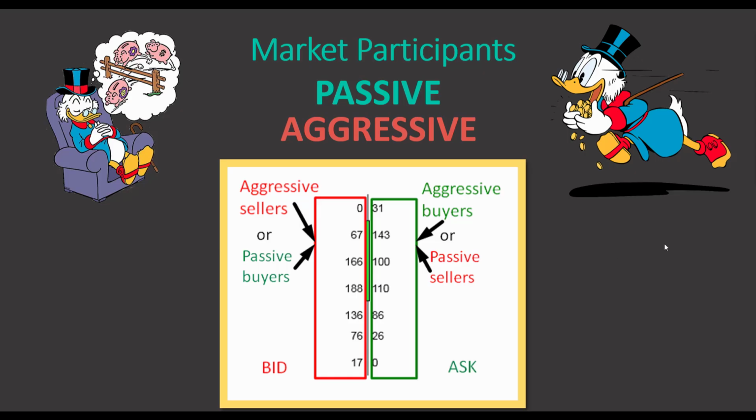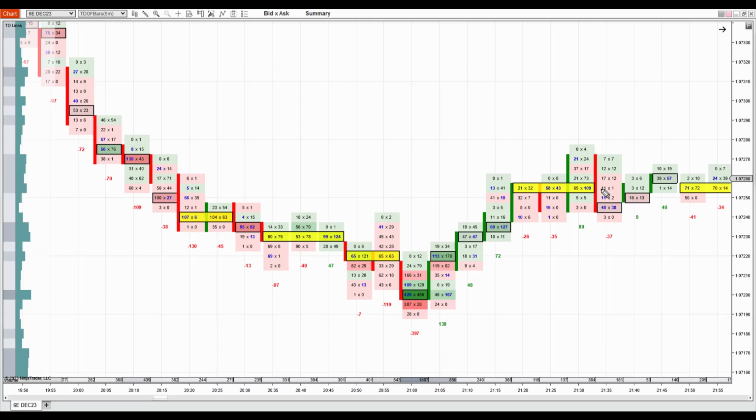Now, how do we tell if it's a buyer or a seller? It's all about context. Let me switch back to the chart and let's talk about this example. What happened here was price was dropping downwards. And let's say that the price hit a support. Could be, for example, price action support, for example, low of previous day.